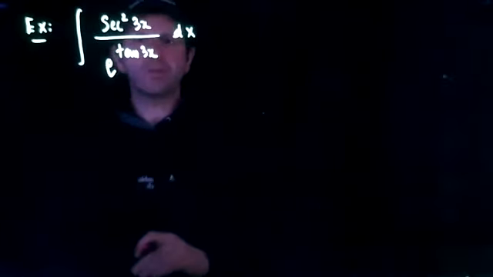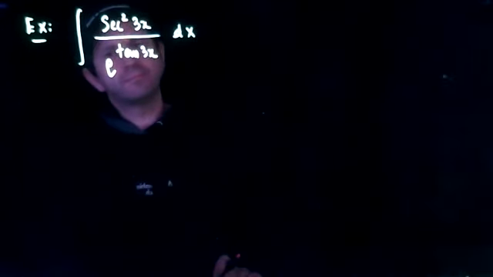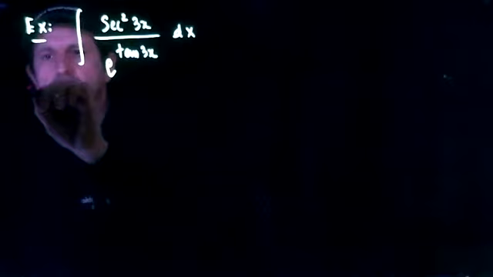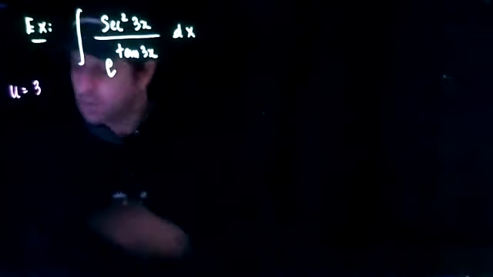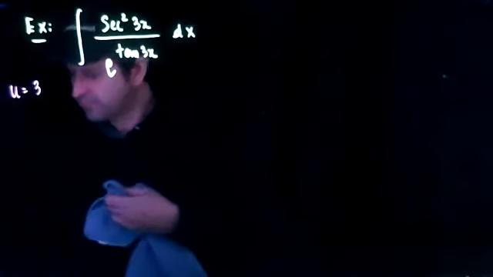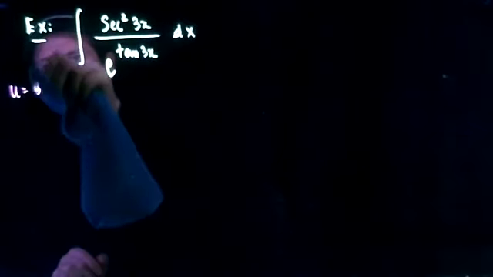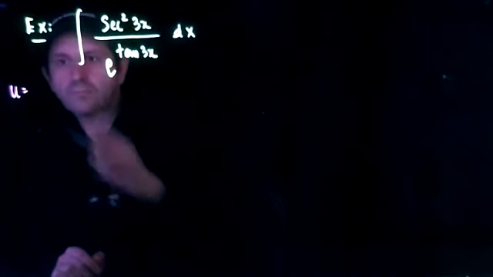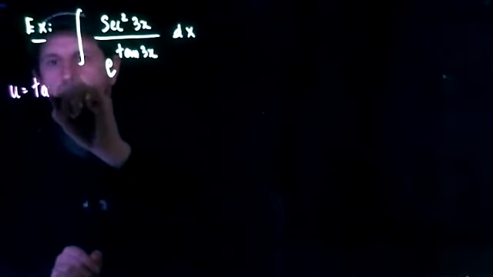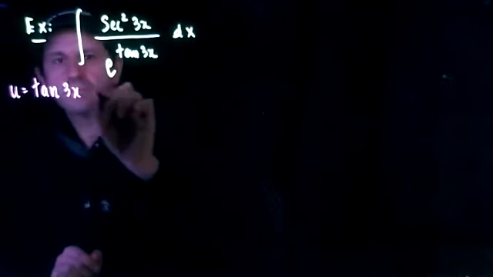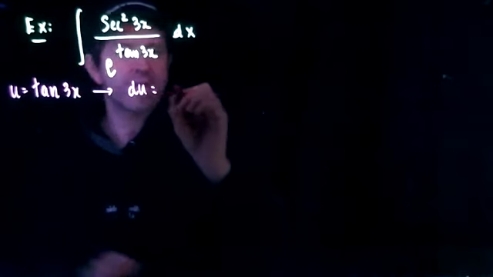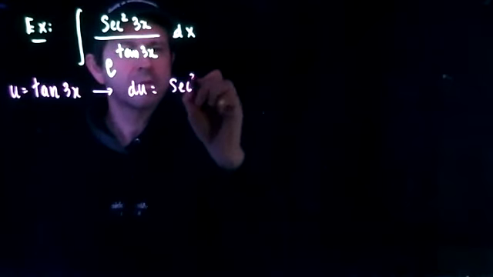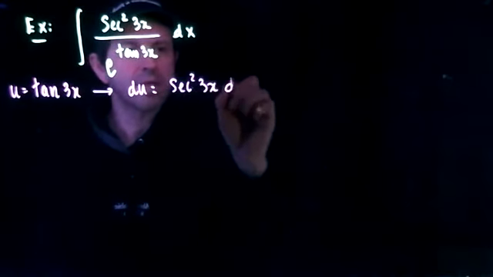Okay, so what do you put as u here? Tan 3x. Very nice. This one's a bit more complicated. So du, the derivative of tan 3x, is secant squared 3x dx.